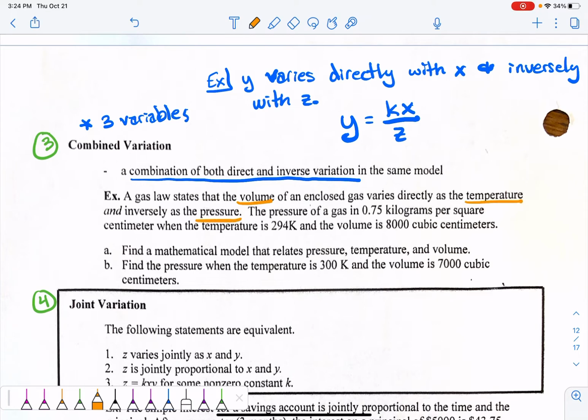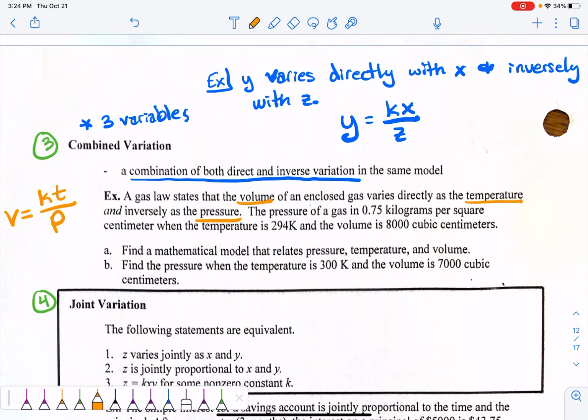Those are our three things, and you can assign whatever variables you want to. So I'm going to say volume equals, we're varying directly as temperature, so I'm going to say KT over P. Some people might not like to use T just because T is usually used to represent time, but as long as you know what you're doing, that's fine. You can use whatever variables you want.